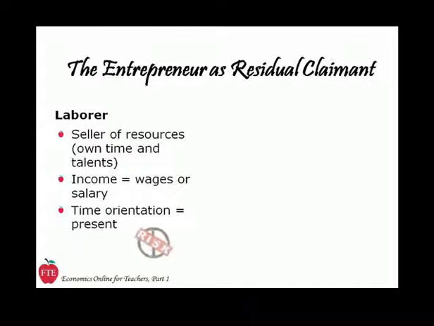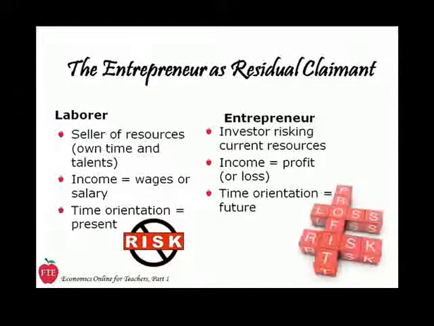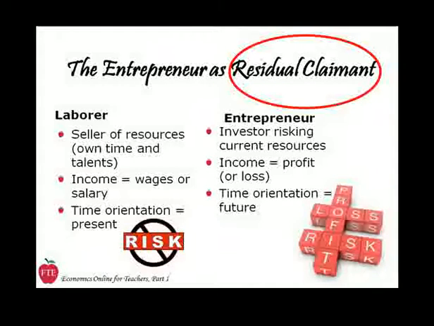Smith and the founders knew that the difference between entrepreneurs and laborers is important. Laborers are sellers of resources, exchanging what they have now, their time and talents, for wages. Entrepreneurs are investors who risk the resources they have now in the expectation of profit in the future, knowing that there's no guarantee. Entrepreneurs are sometimes called residual claimants.